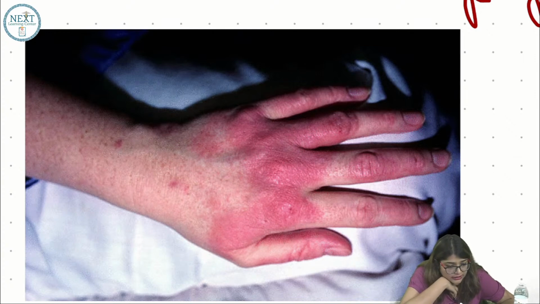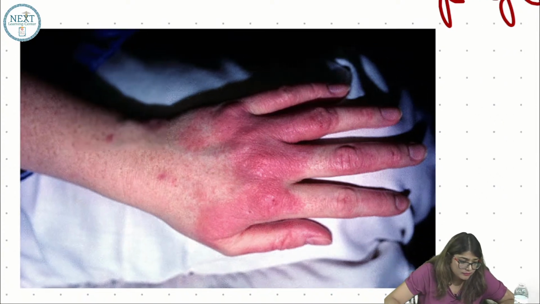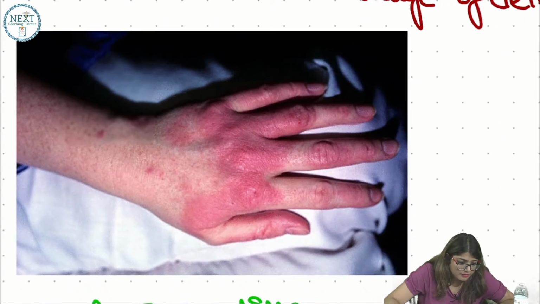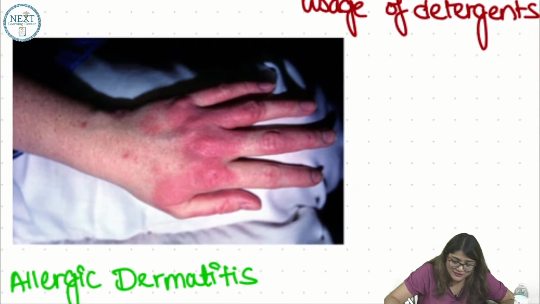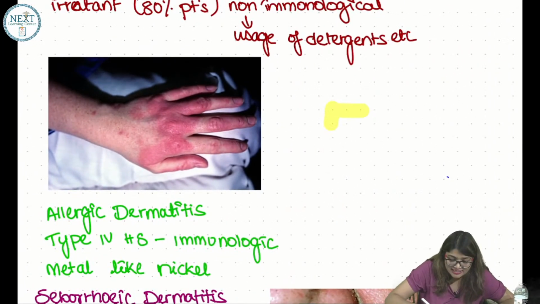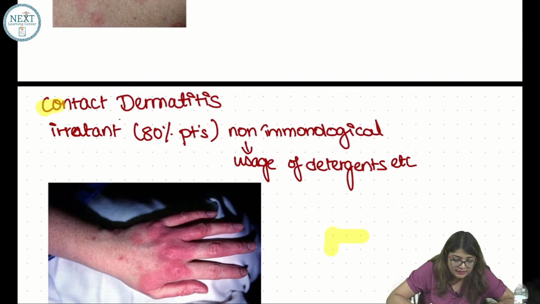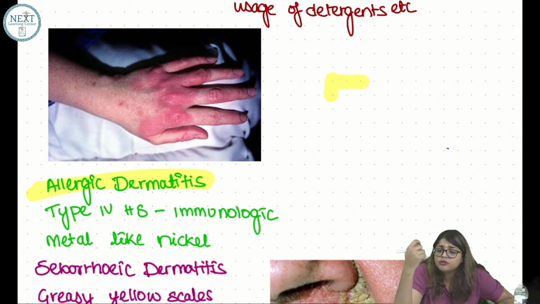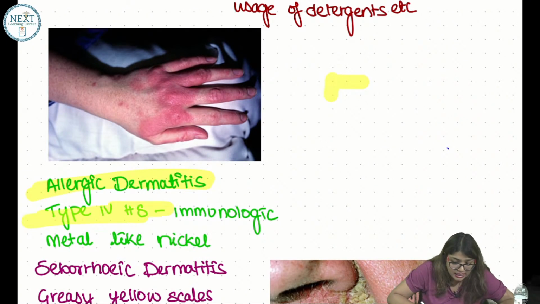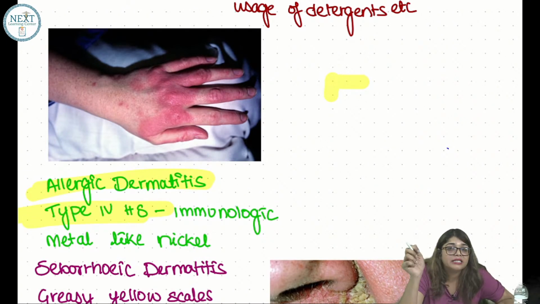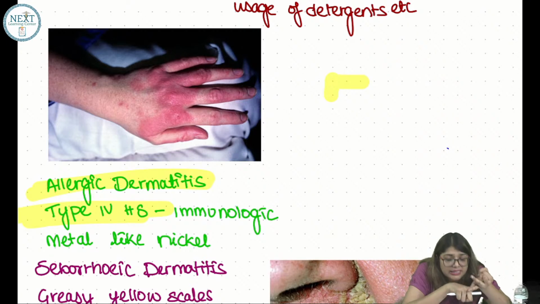Very good, contact is type 4. What about allergic? Okay, very good. So allergic and contact dermatitis are one and the same. They are almost the same, and they are type 4 hypersensitivity. Both contact and allergic dermatitis are type 4 hypersensitivity.